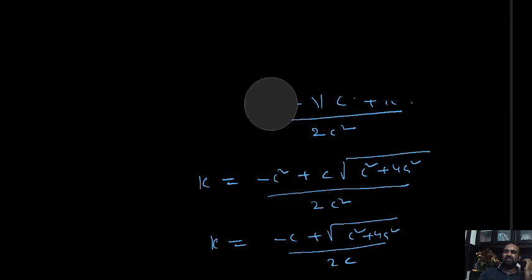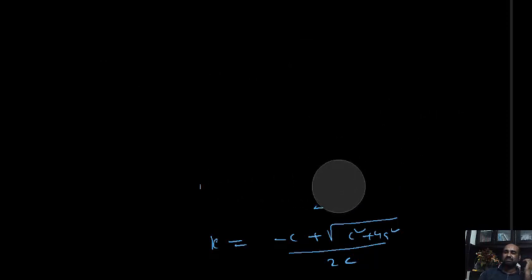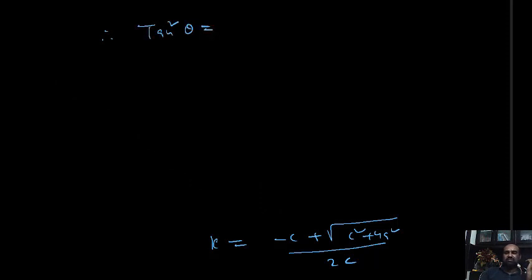So k means what? Tan square theta, that I will write here. Therefore tan square theta is equal to minus c plus root over c square plus 4a square by 2c.